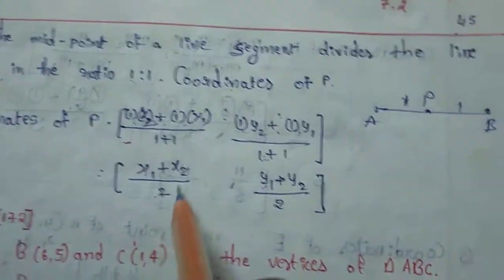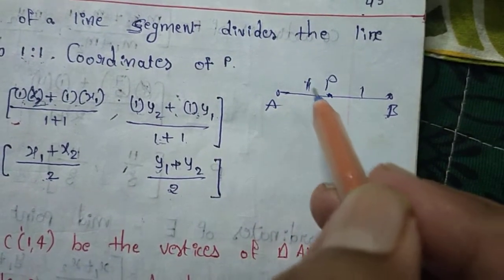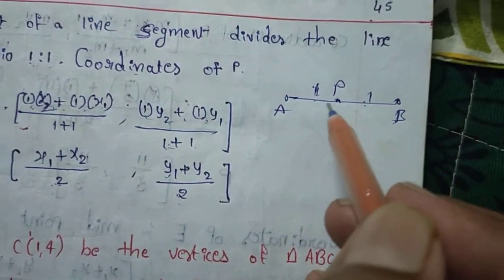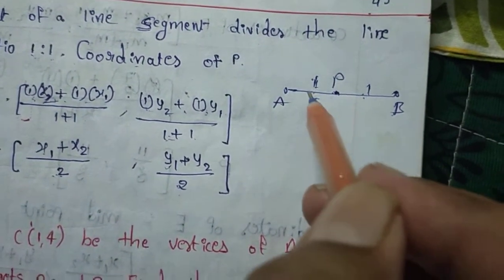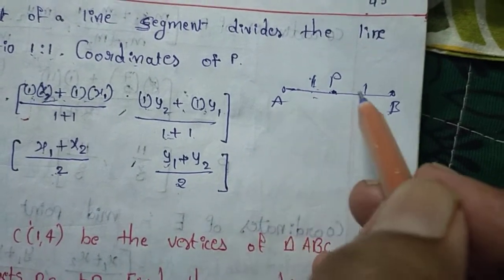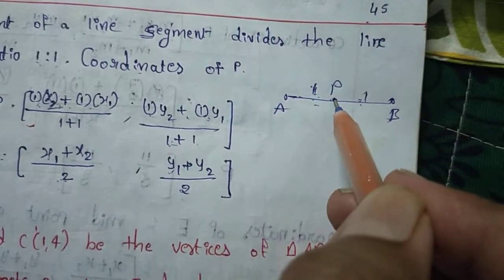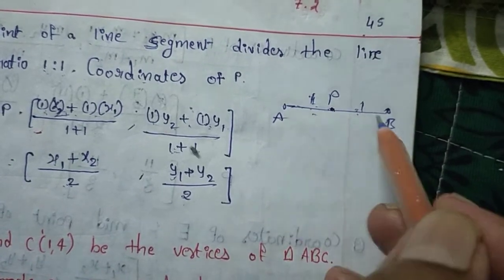This is the midpoint formula. Any ratio 1:1, 2:2, it is called the midpoint. If P divides in the ratio 1:1, P is called the midpoint of AB.